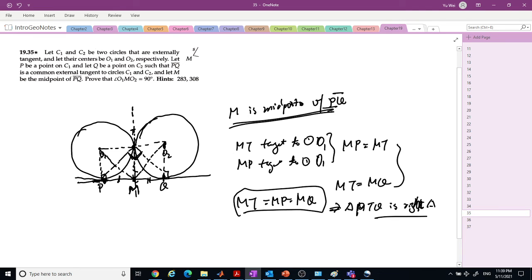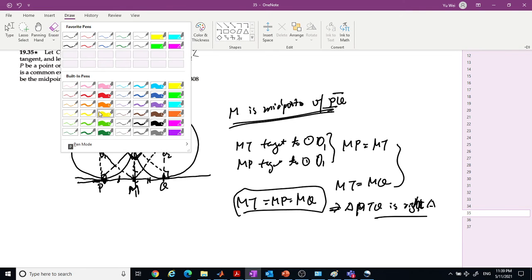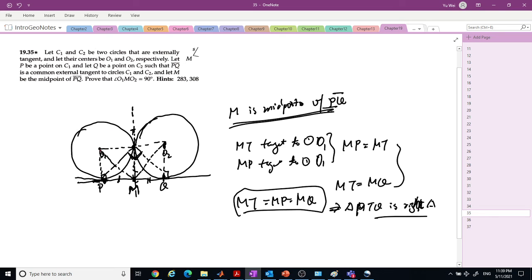So now let's see. This one is the radius and the touching point, so this is 90 degrees, and this is the radius and that, so there is another 90 degrees, there is another 90 degrees. Okay, so this is O1 and O2.